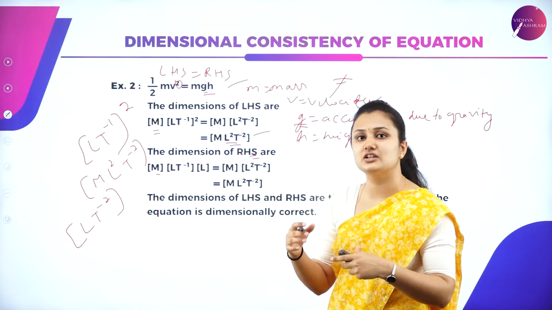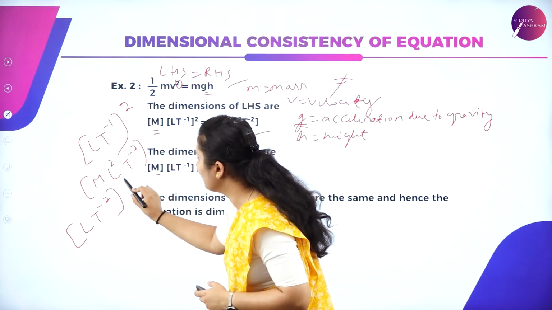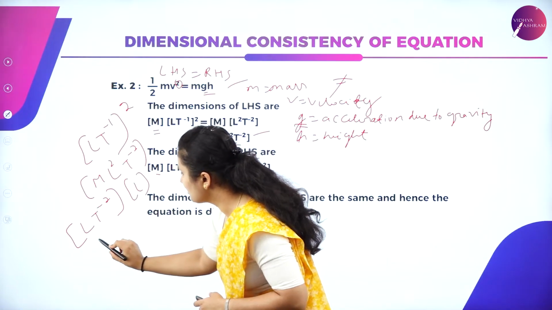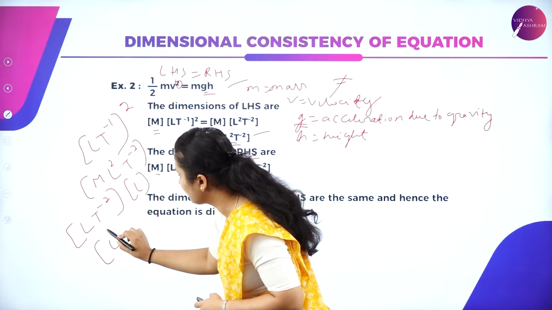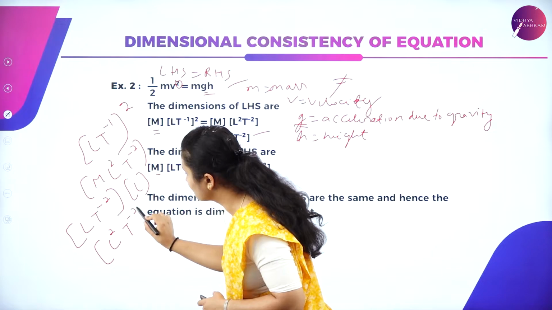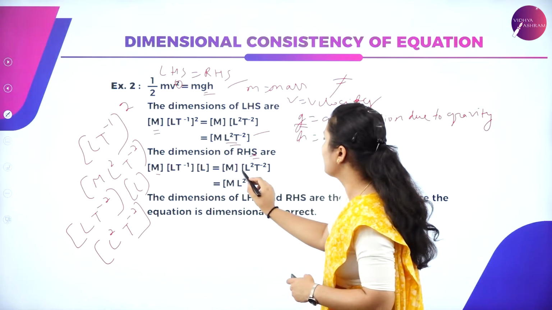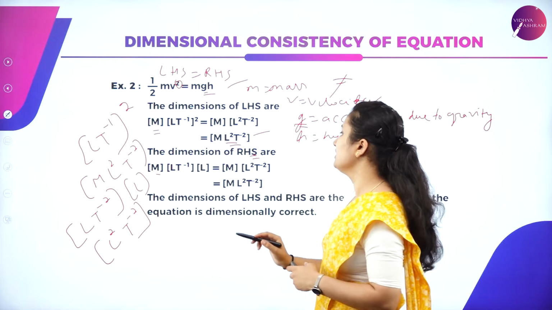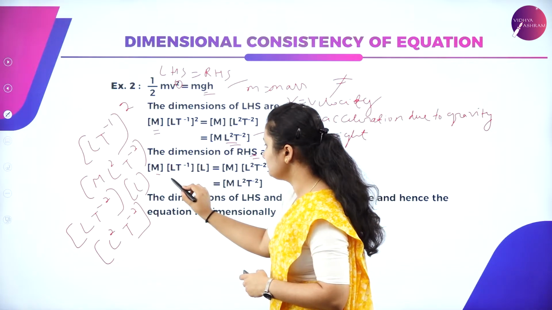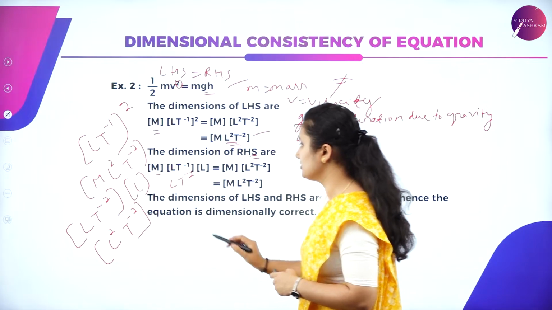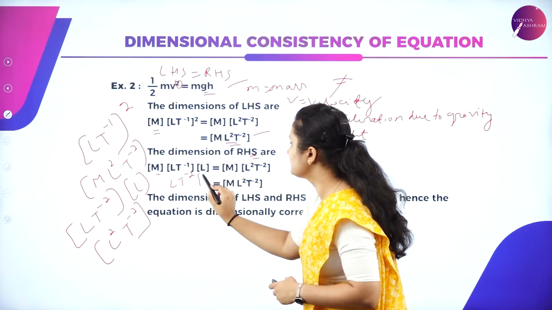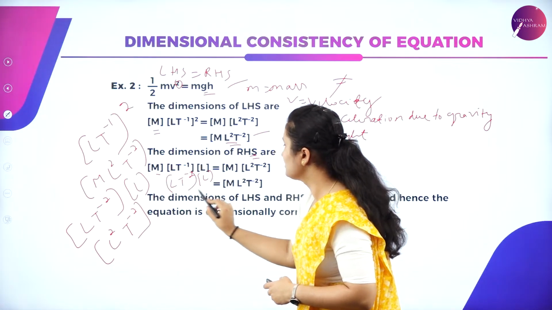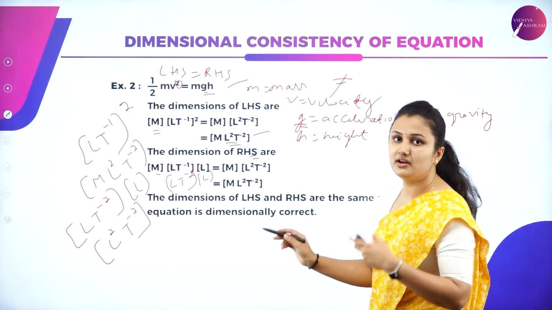So, height is measured in terms of length itself, and it is multiplied by L. After multiplying by L, you will get L square t to the power minus 2. So, you will get M L square t to the power minus 2.